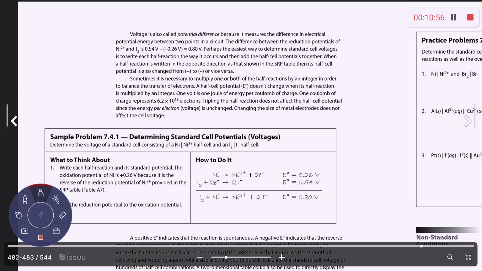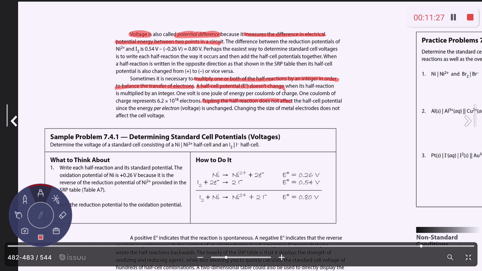a couple of things. The voltage that you generate with these batteries is called a potential difference because it measures the difference in potential energy between the 2 points. If you multiply a half reaction by an integer to balance the electrons, the cell potential doesn't change.